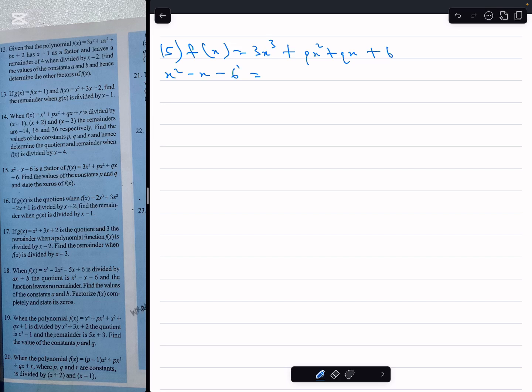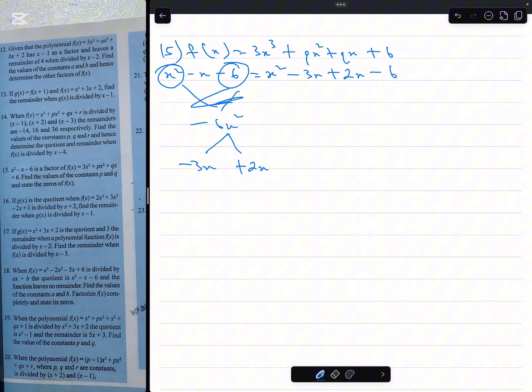When you do that, what do you have? Minus 6 times x squared, that's minus 6x squared. So what are the factors of minus 6x squared whose sum is minus x? Those are minus 3x and plus 2x. So instead of writing minus x, I'll write minus 3x plus 2x. So x squared minus x minus 6 is the same as x squared minus 3x plus 2x minus 6.